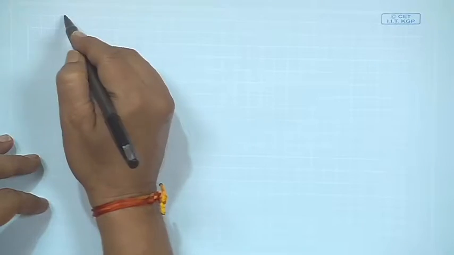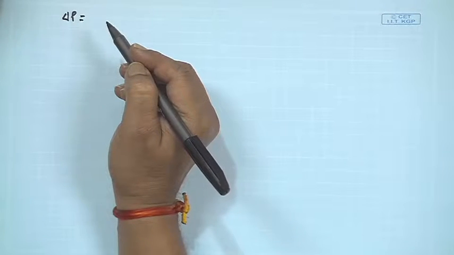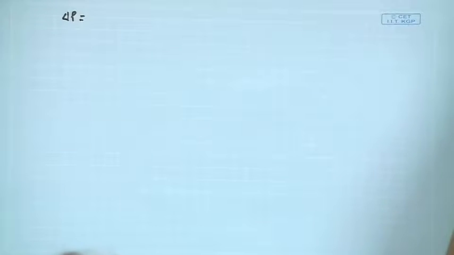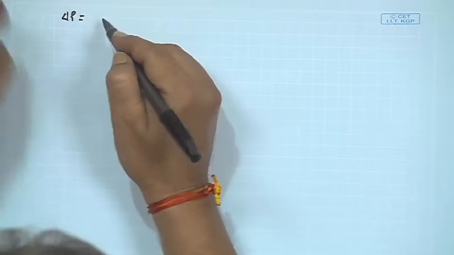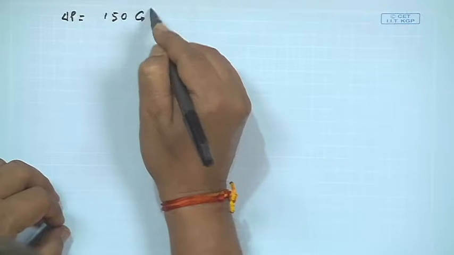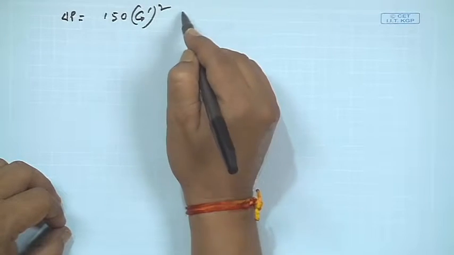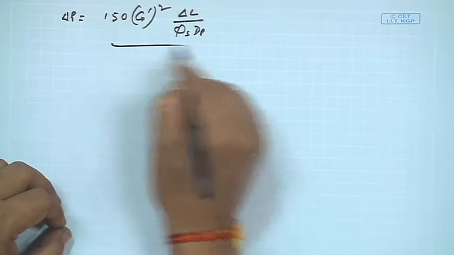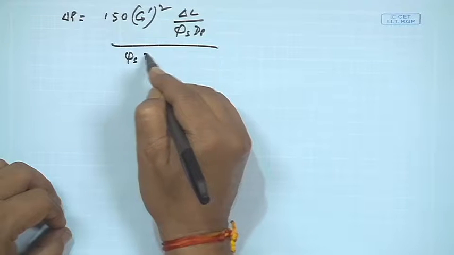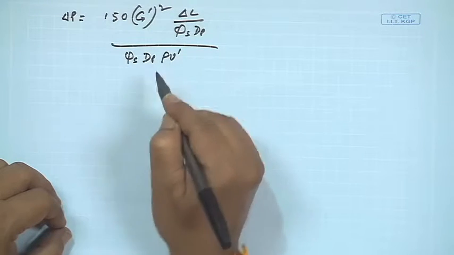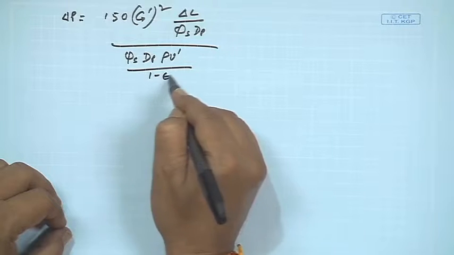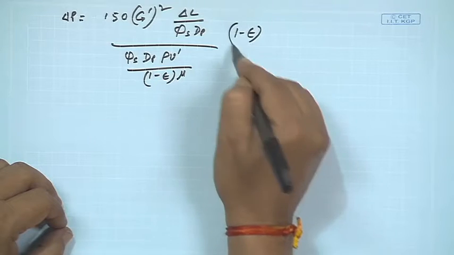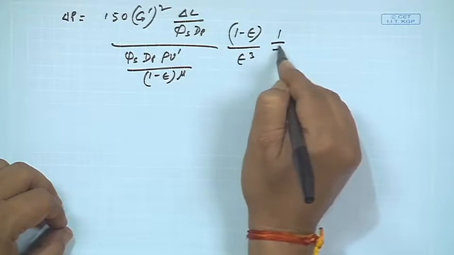So, if we rewrite a little, that delta p for equation 1 was equal to 150 g prime square into delta L by phi s dp over phi s dp rho v prime over 1 minus epsilon into mu into 1 minus epsilon by epsilon cube into 1 by rho.